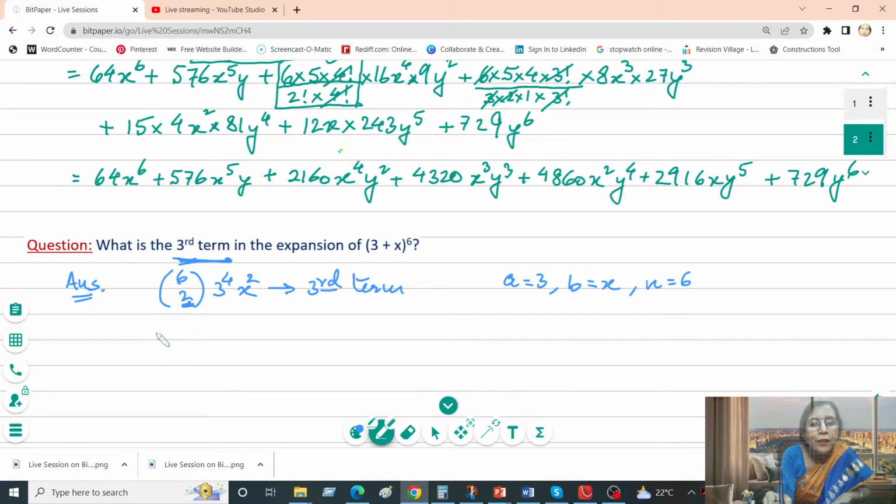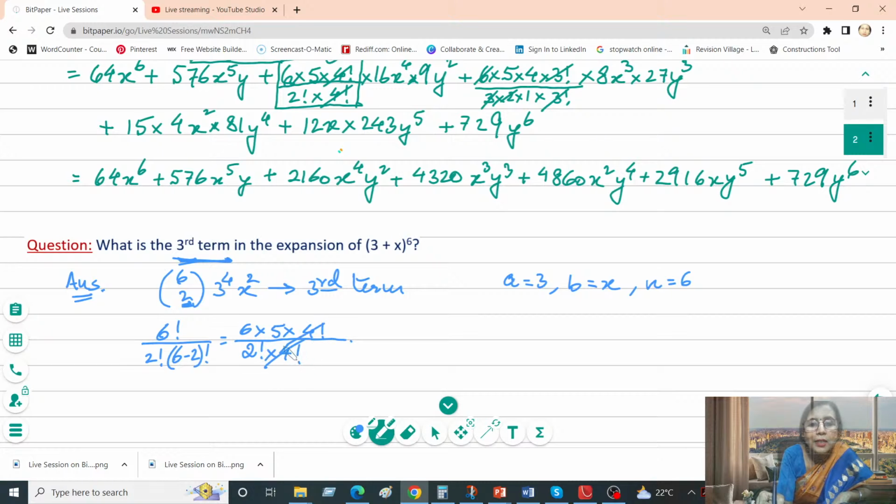Now we will just find 6C2. So 6 factorial over 2 factorial and 6 minus 2 factorial, which is 4 factorial, so this can be written as 6 times 5 times 4 factorial over 2 factorial times 4 factorial.